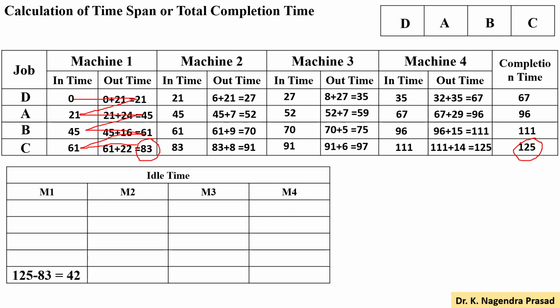So next we have to look at machine 2. Initially it is waiting for job D up to 21 hours. So the initial idle time for machine 2 for job D is 21.